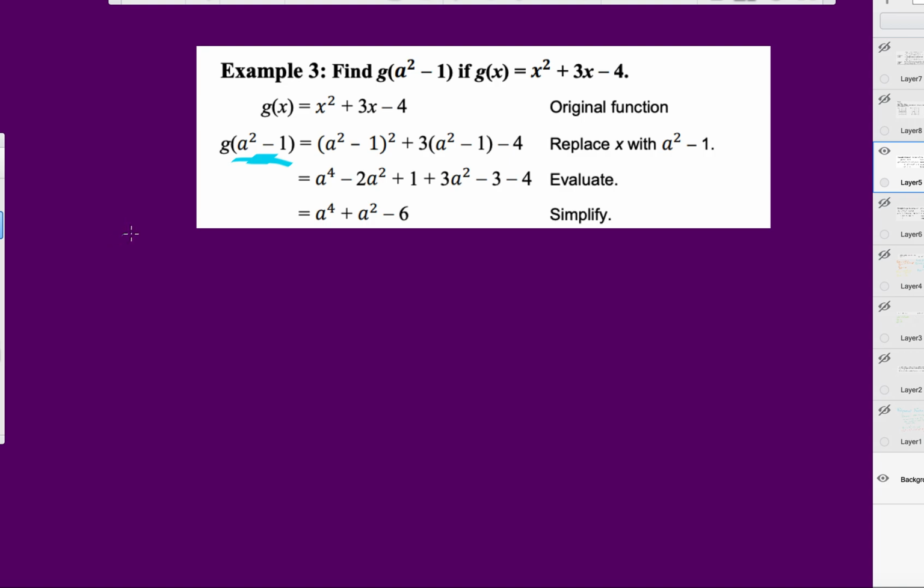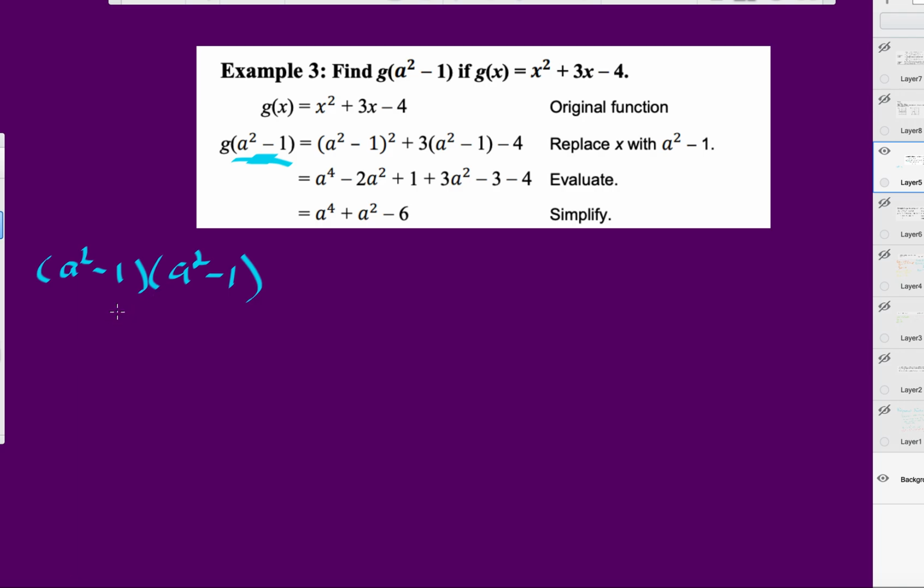So it would be a squared times, and I'll write it out here, a squared minus 1 squared, and then they did the foiling, so I'll get rid of that square, and then we'll just do a squared minus 1.